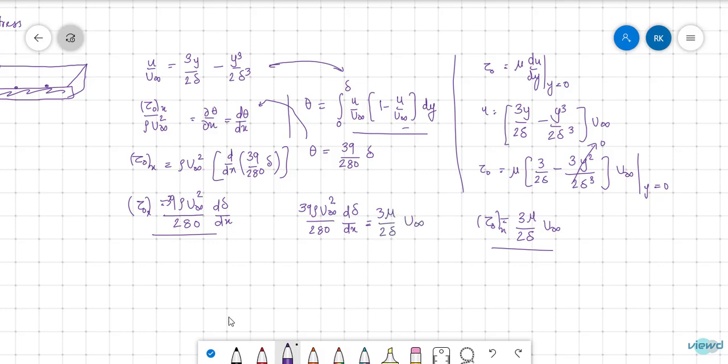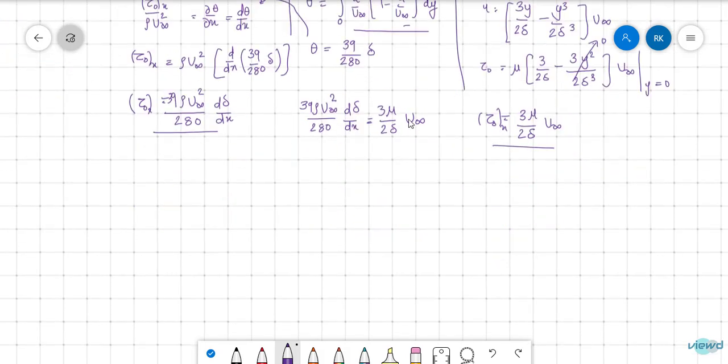One u infinity gets cancelled, and taking delta to the left-hand side, delta d delta is equal to 3 mu by 2 into 39 rho u infinity into 280 dx.